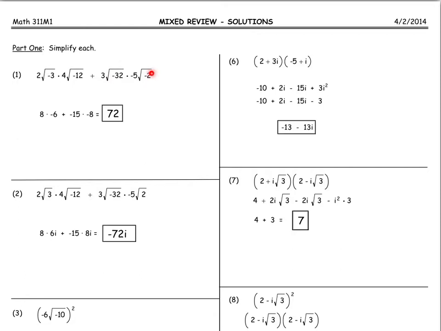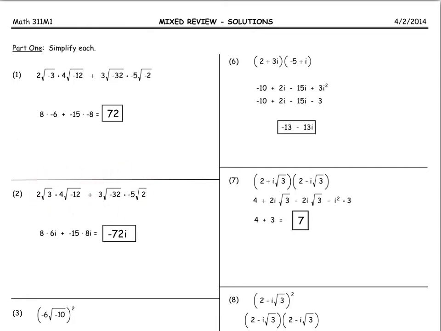And 32 times 2 is 64, and rad 64 makes 8. So I have a -15 times a -8, giving me a positive 120. Take away 48, 72.